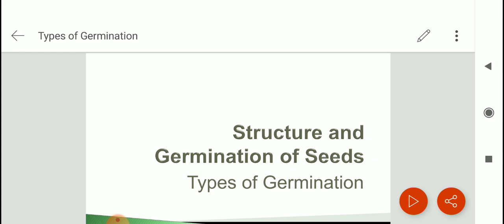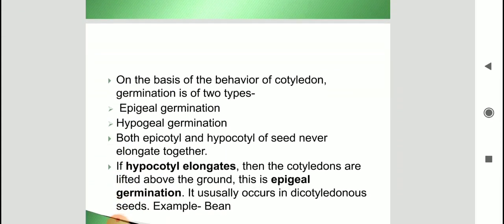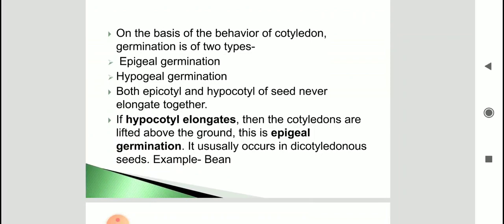So let's start with types of germination. On the basis of behavior of cotyledon, germination is of two types, epigeal and hypogeal. Now we will never find both epicotyle and hypocotyle of seed elongate together.